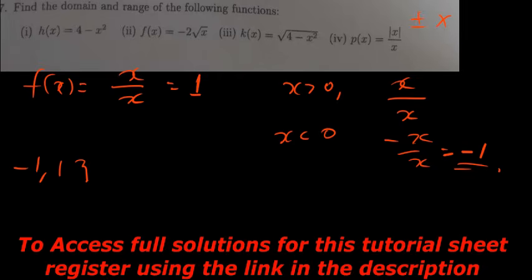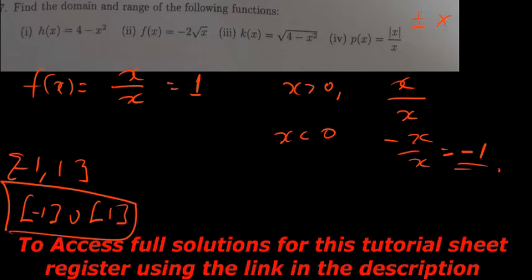I can put it in this form, or I can say negative 1 union 1. But this doesn't make sense because I only have two numbers, so I can put them just like this. So the only numbers that can fit for y are negative 1 and 1.